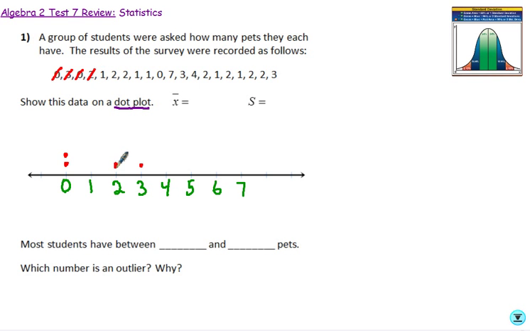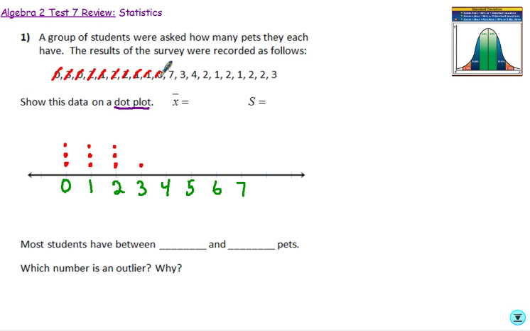2 and 1. And you don't have to count one at a time. Sometimes what people do is they'll do groups. So maybe you say, oh, okay, well, there's two 2s, so I'll put the two 2s. Or if you want, maybe count in groups of 3s. 1 1 0, 1 1 0.